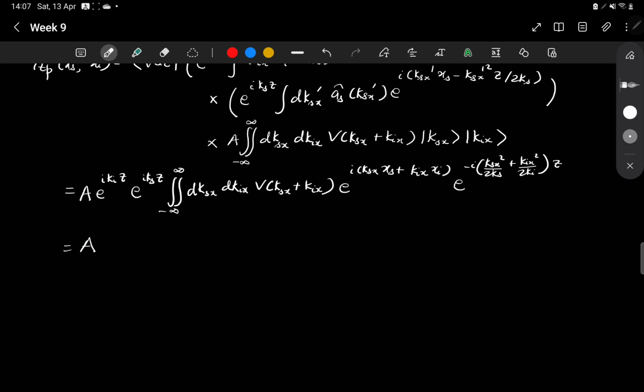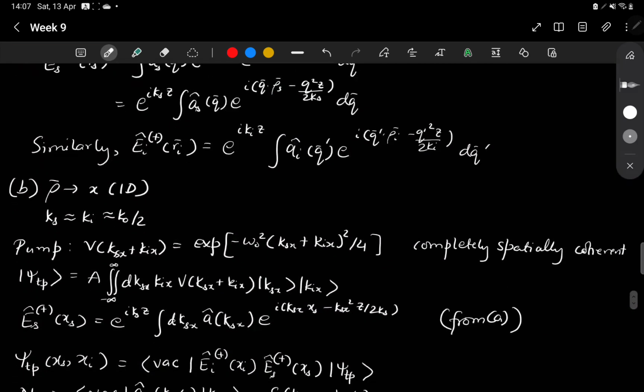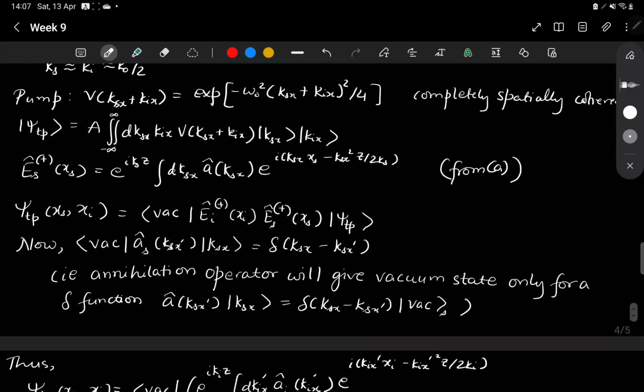So I'm just now doing algebra. Ks equals Ki equals K naught by 2. So Ks plus Ki is K naught.